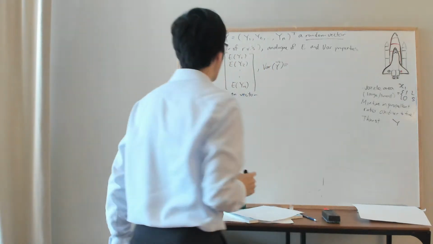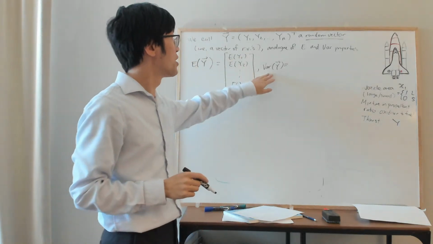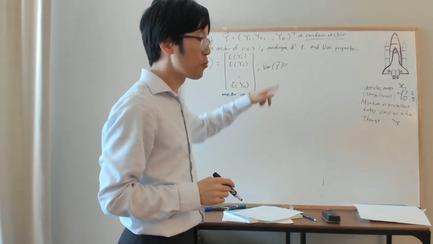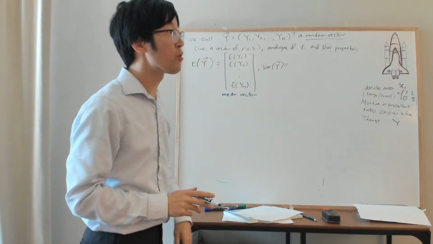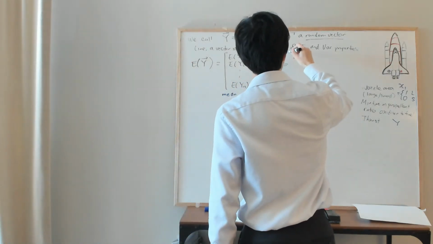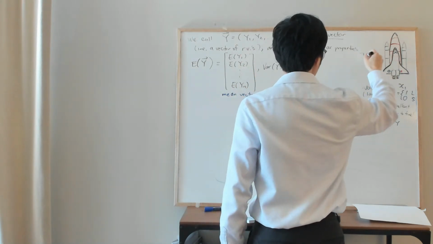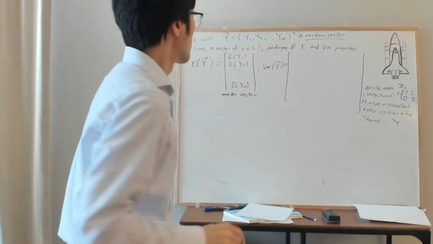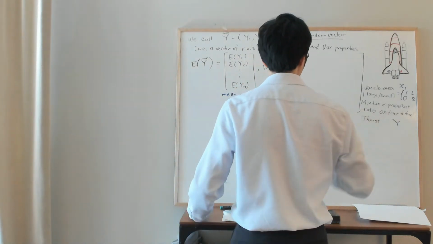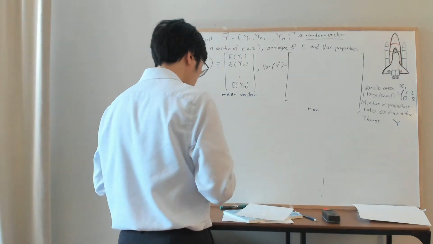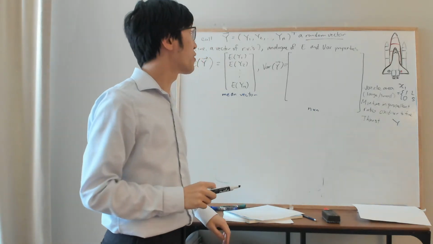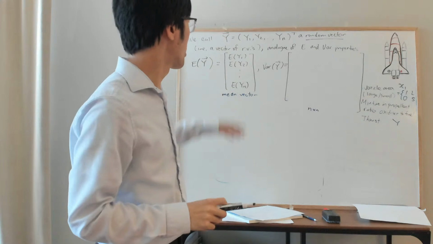Since we have n random variables, when we use this shorthand, variance of a random vector, we mean the entire matrix of variances and covariances. This is going to be an n by n matrix, and the entries tell us all the pairs of covariances among the y's.